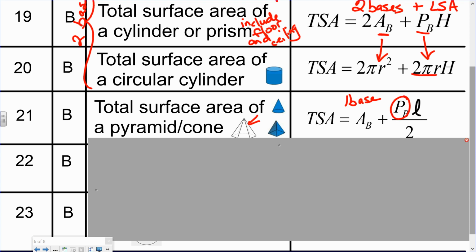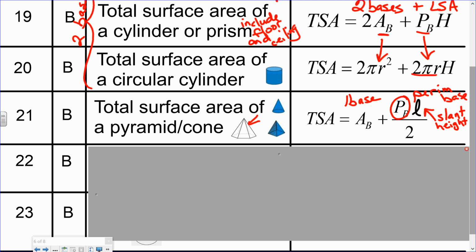We have the perimeter of the base. This is the slant height. That's a cursive L. And the slant height would be, well, the true height is if I go down through the middle.